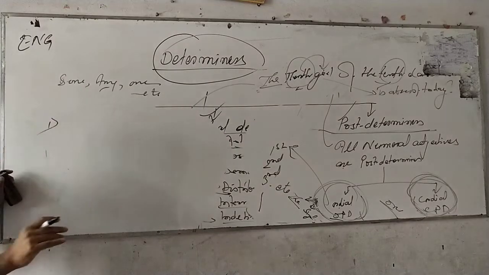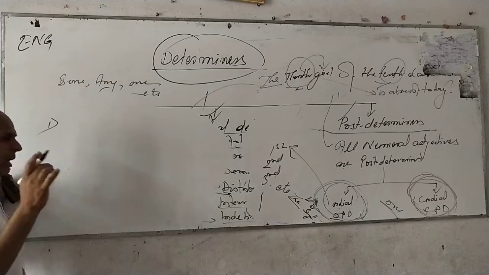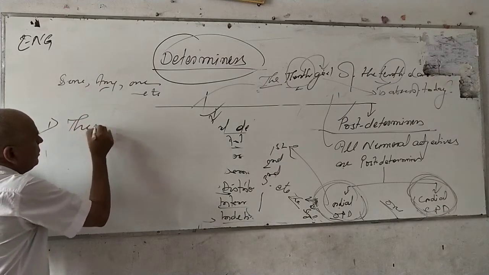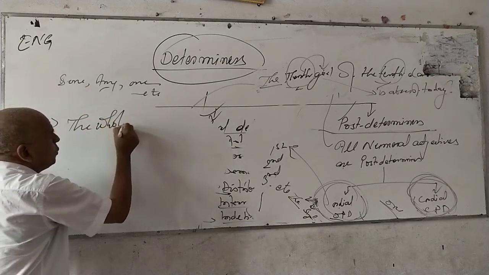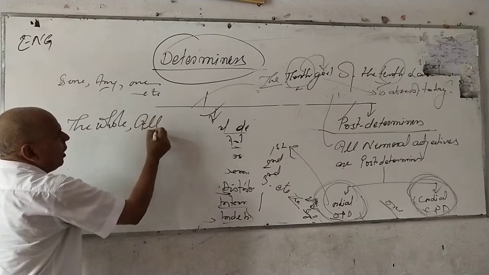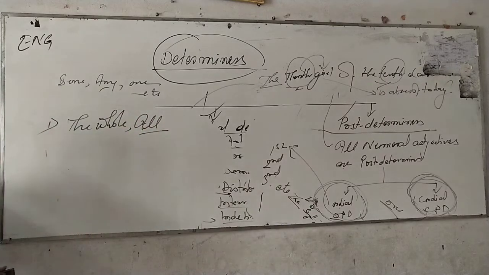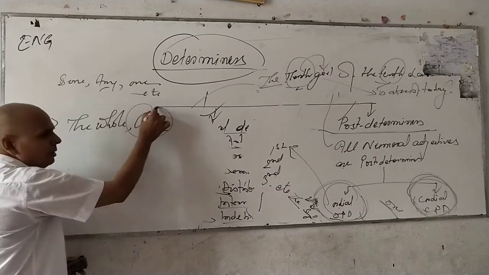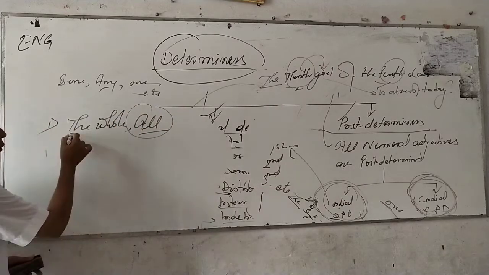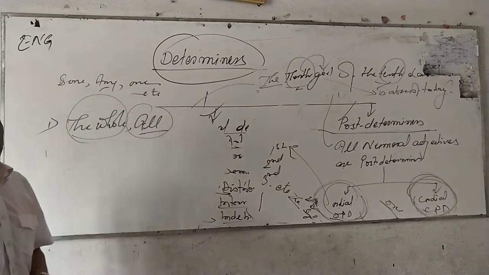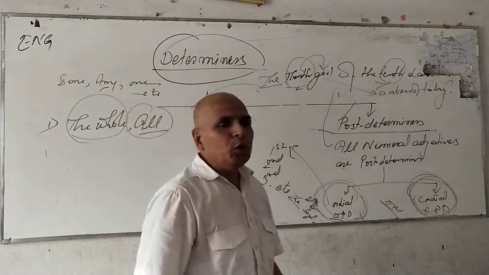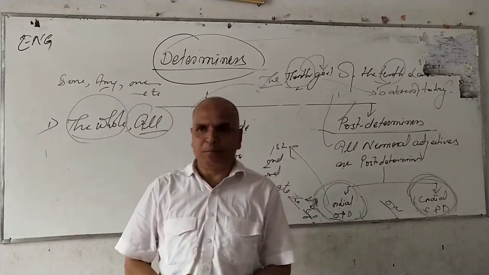Difference number one: I put the two determiners of the same meaning, the whole and all. The meaning of all is the same as the meaning of the whole. But still, both have some differences.